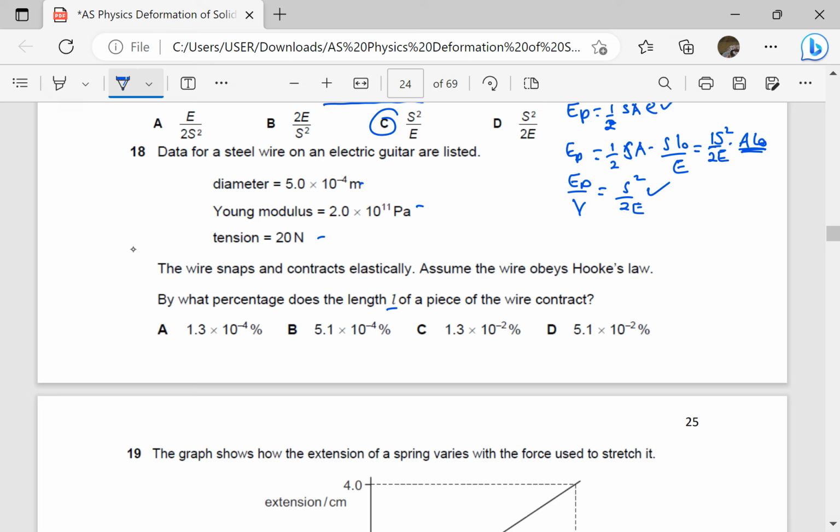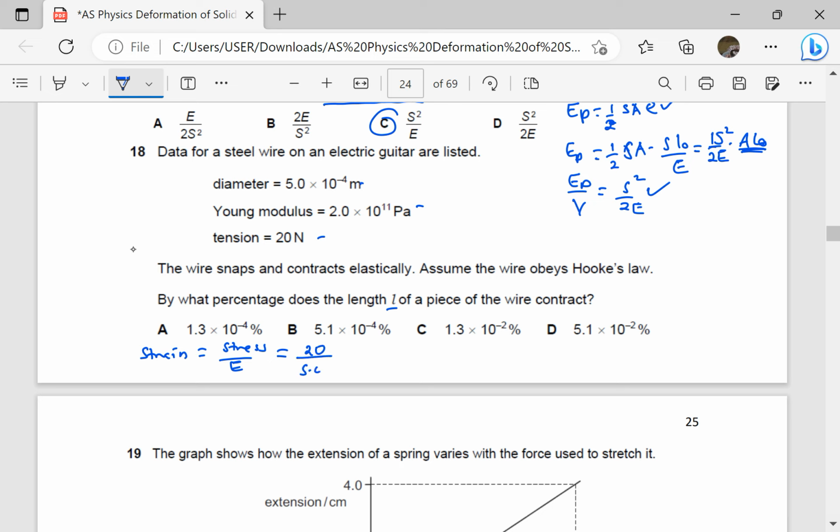So I'll simply say that strain is equal to stress divided by Young modulus. Remember, stress is force over area. So I'll say force is 20 over cross-sectional area.